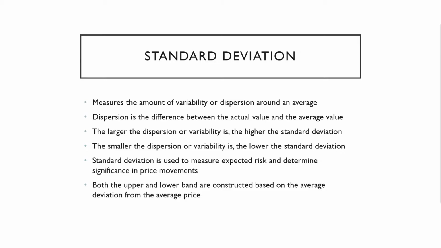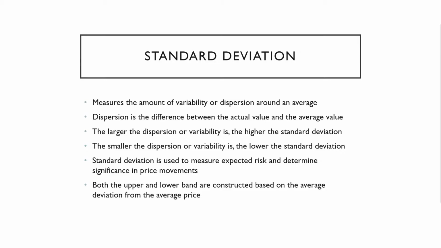The smaller the dispersion is, the lower the standard deviation will be, meaning your bands are going to be a lot tighter and constricting on the price action, because there isn't that much fluctuation in the stock itself.